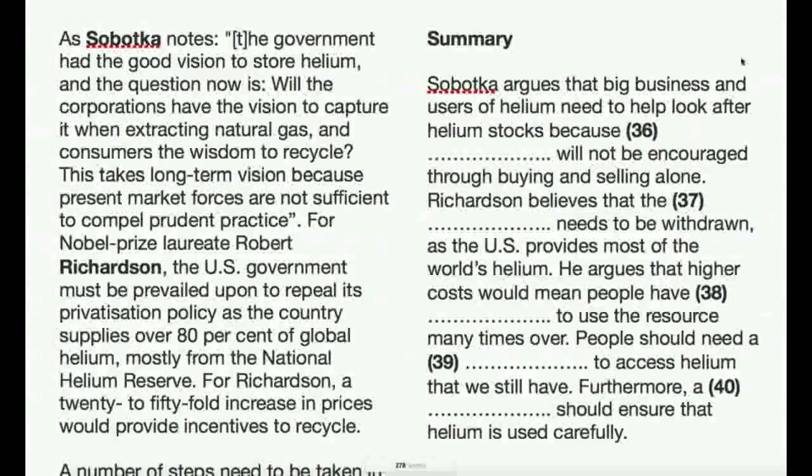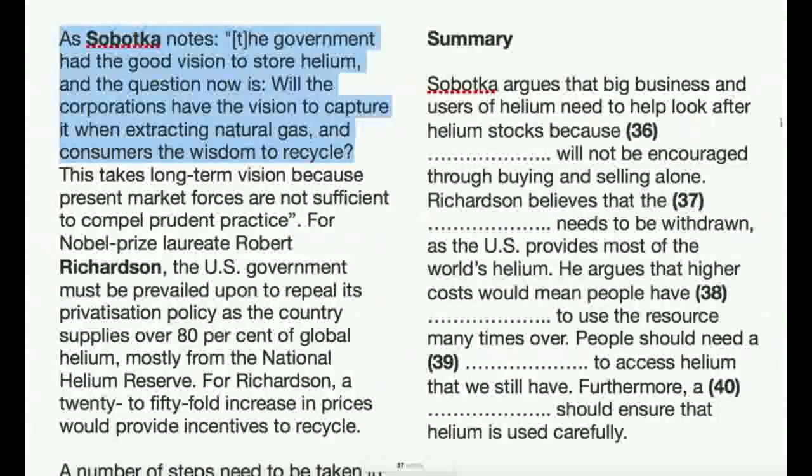If we read through the first sentence of the summary, Sobotka argues that big business and users of helium need to help look after helium stocks because something will not be encouraged through buying and selling alone. So let's look at the first sentence here.